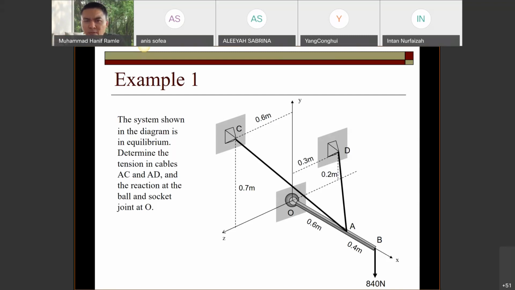Okay, for the solution, again, I like to ask this question: what is the first step that we have to do? The FBD. Yes, correct. So which body, which member do you want to select?